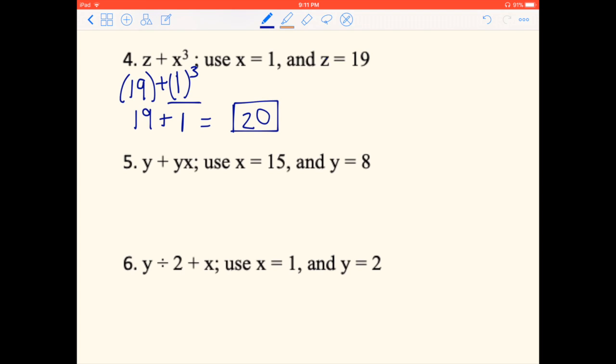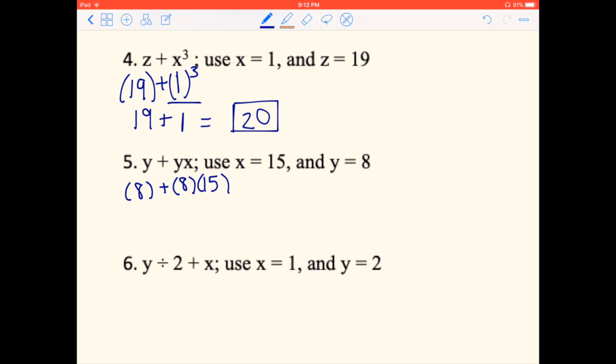All right, the next one, y plus yx, use x equals 15 and y equals 8. I'm going to replace the variables with parentheses. It says x equals 15, so where that x was, I'm going to put a 15. And where the y was, I'm going to put an 8.